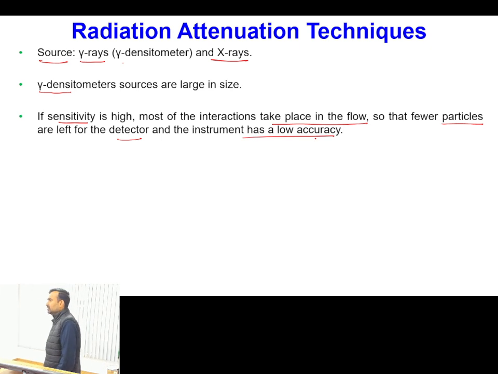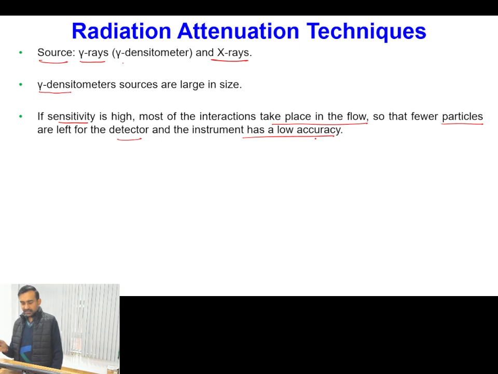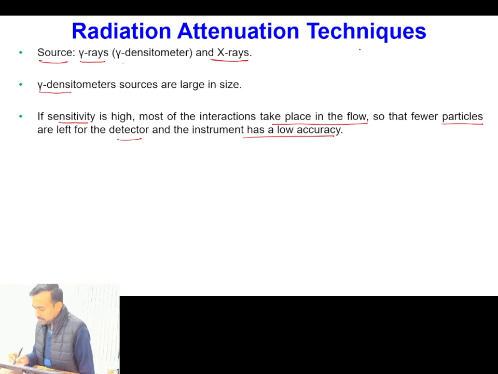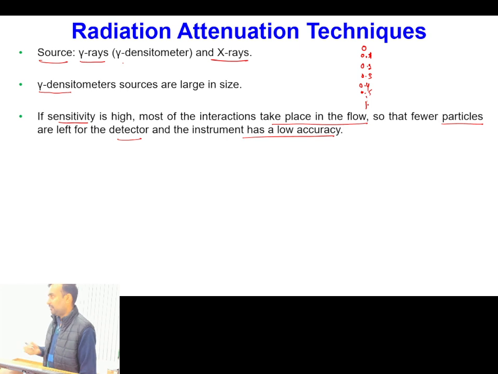Say, what is my void fraction data? It will be varying from 0 to 1. Say I am doing measurement at a step of 0.1, then 0.1, 0.2, and likewise I will have different void fraction data.